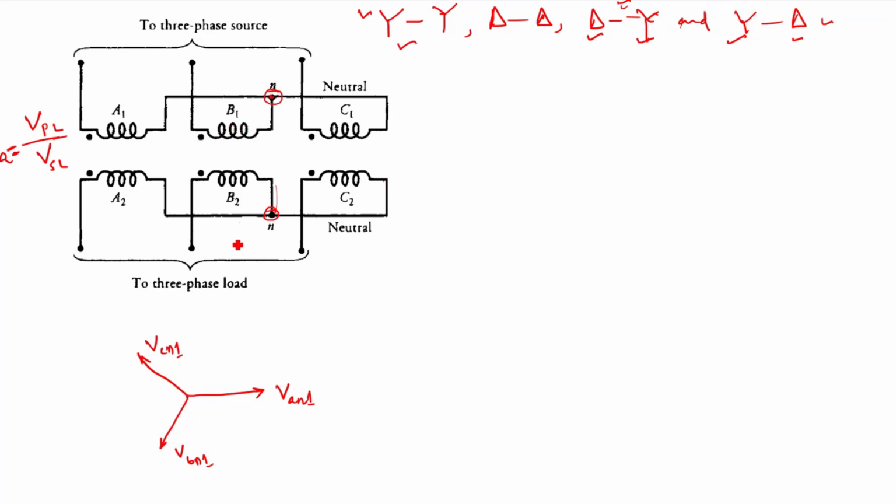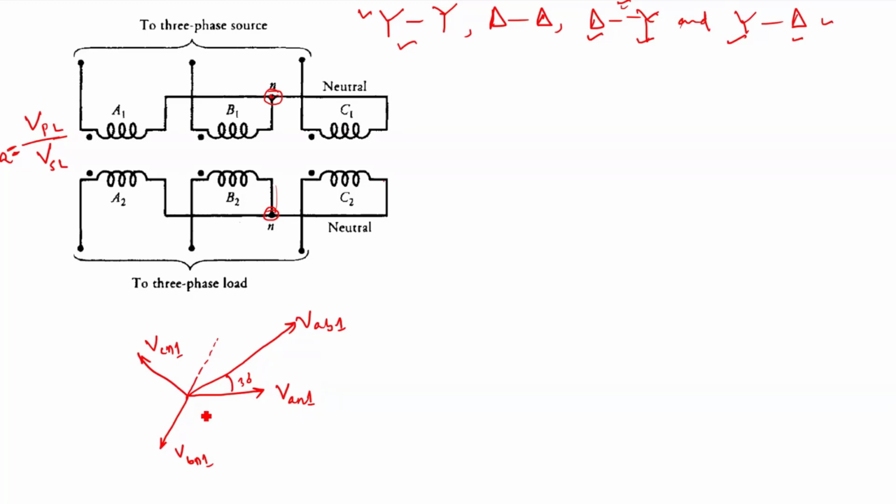Now if I draw the line voltage VAB1, it will be in this direction, right? Your VAB1 is leading VAN1 by 30 degrees.